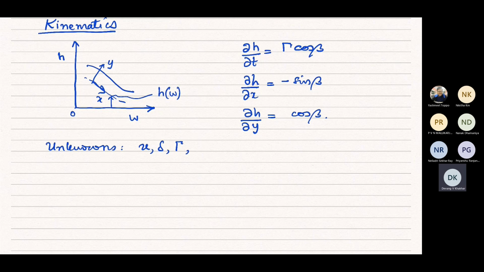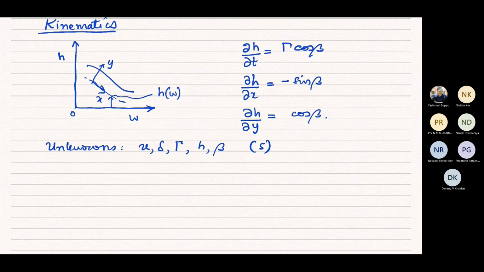But then we also have h and beta. And so now we have five unknowns, and we have six equations.